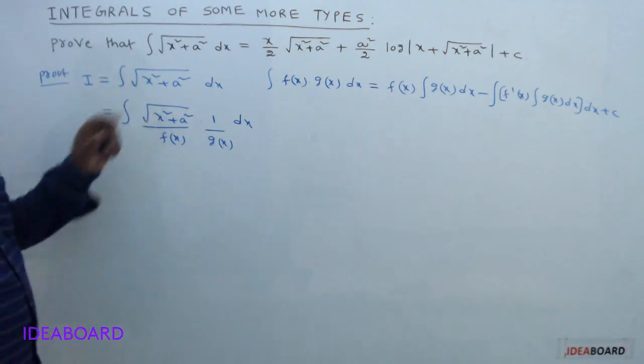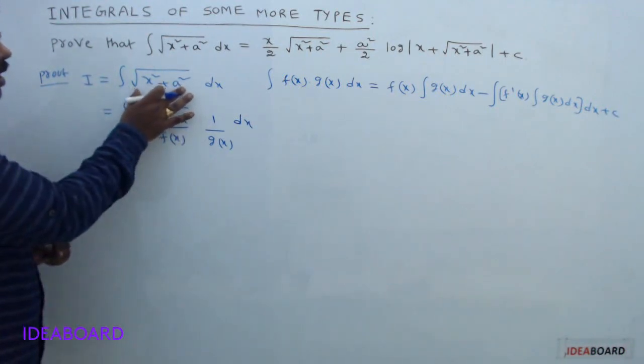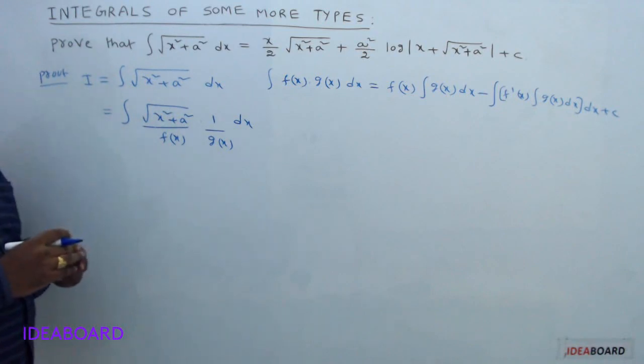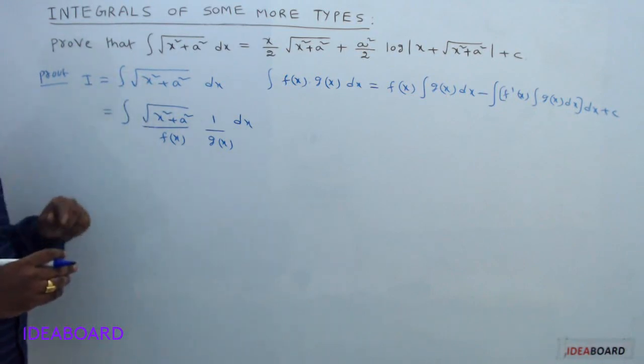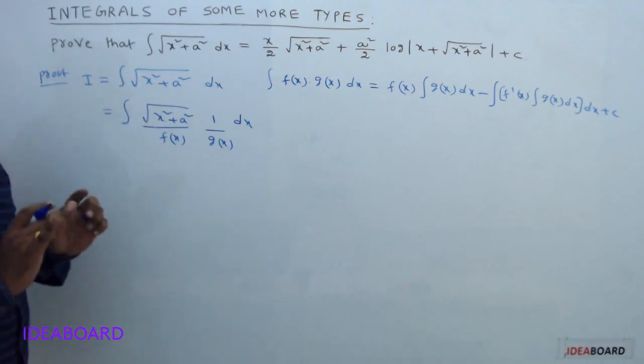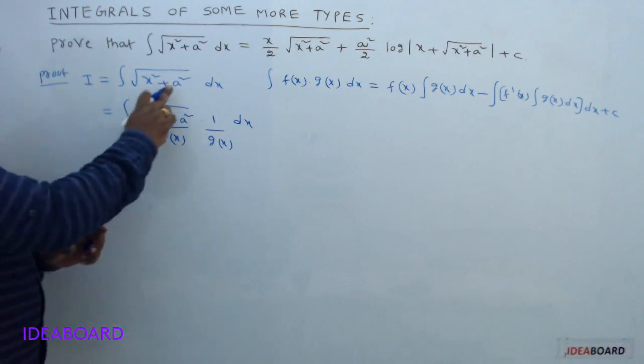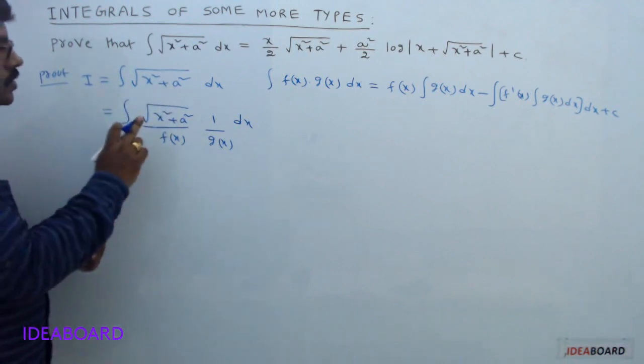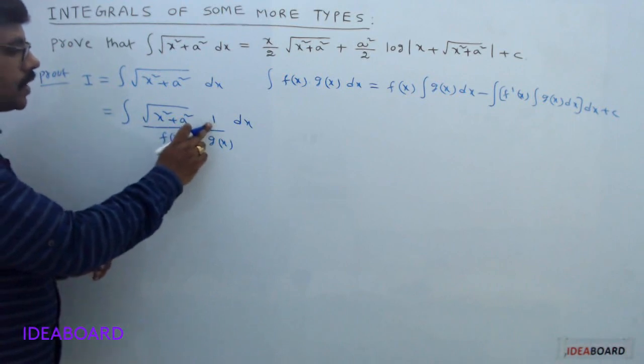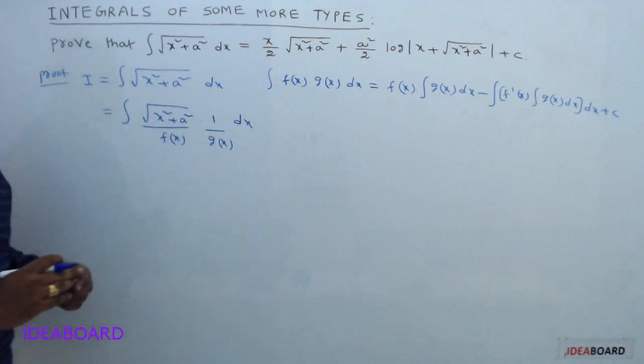Now here, your given integrand contains only one function, which is not integrable directly. So that's why I am writing root of x square plus a square as root of x square plus a square into 1.